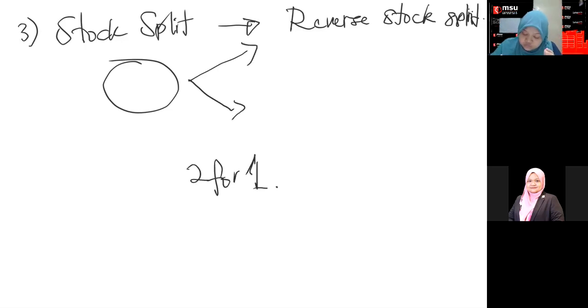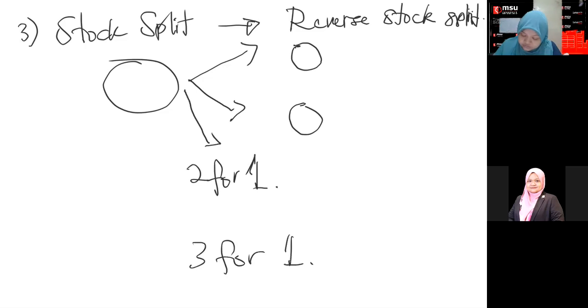It is split into 2 new shares. If it is 3 for 1, it is divided into 3 new smaller shares. So that is stock split.